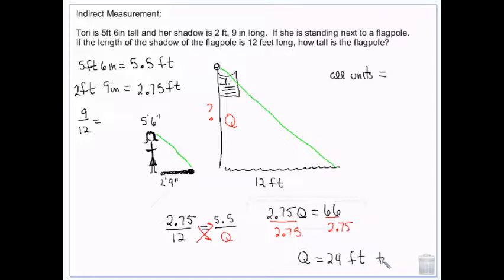That's the flagpole, so 24 feet tall. And that's how they figure out how tall trees are and how far away things are, by these proportions, like triangular proportions.